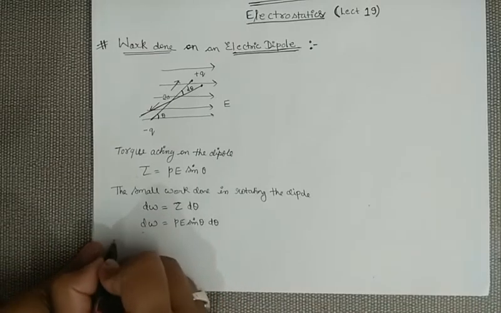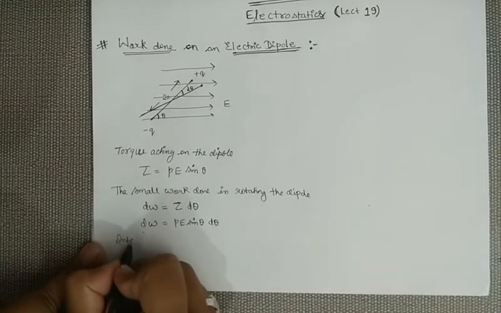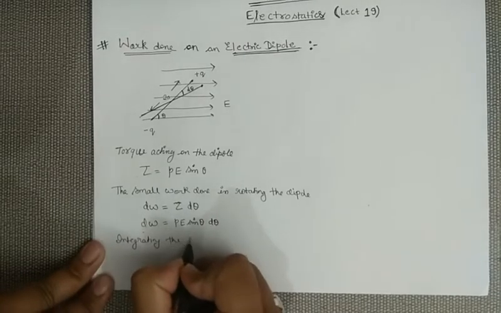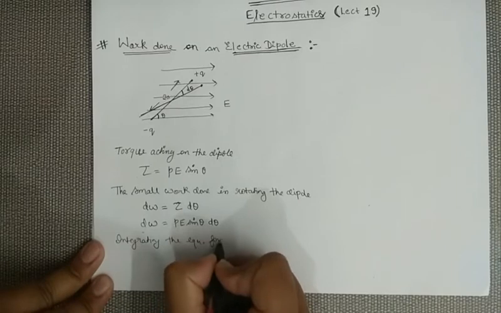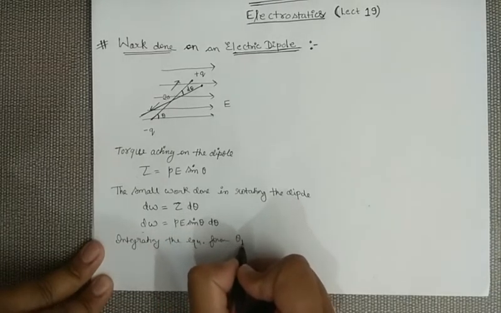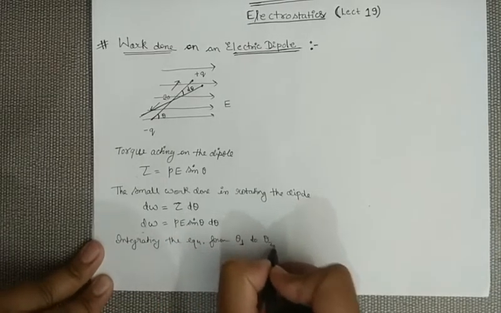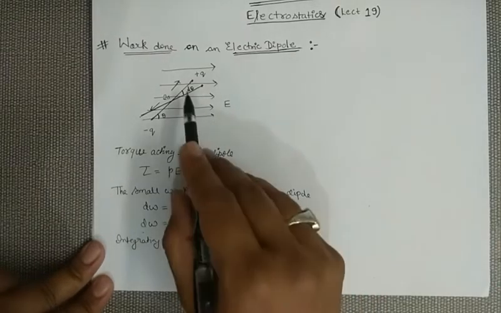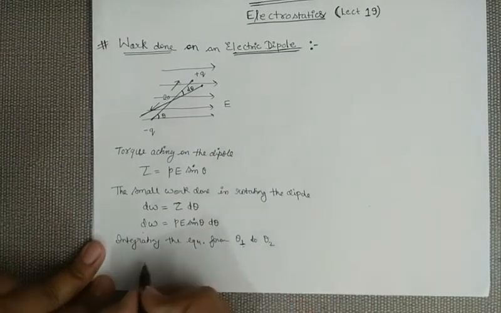So for total work done, integrating the equation from theta 1 to theta 2. Now these are the limits of my integration, as I am rotating the dipole from angle theta 1 to theta 2.